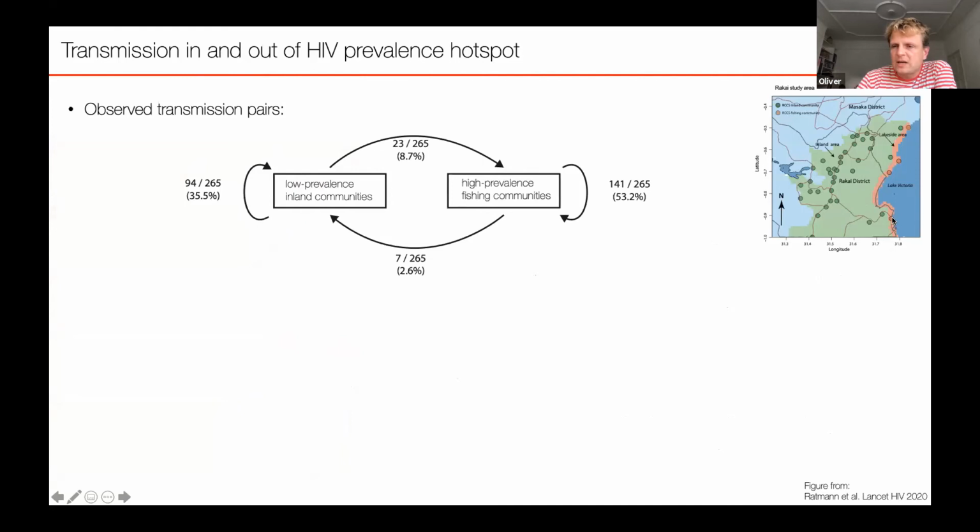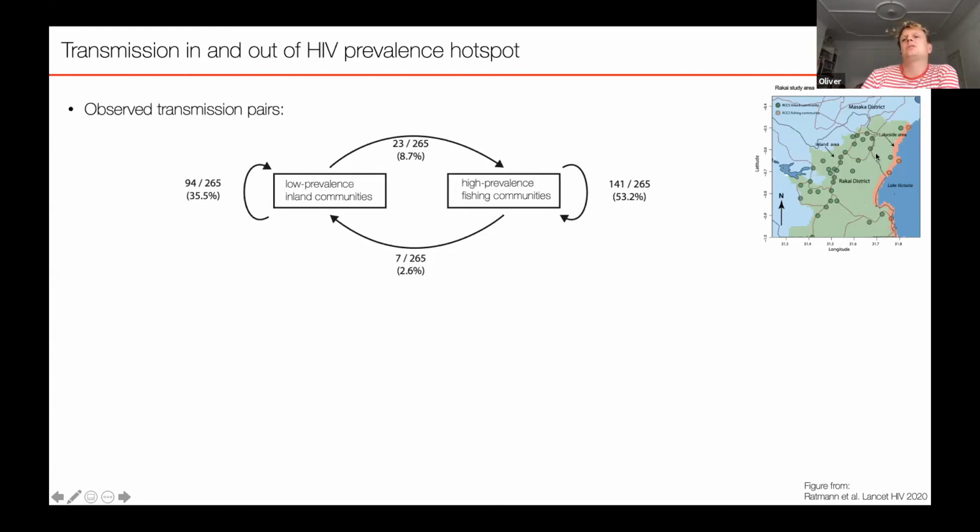We had here an area which is the lakeside area on Lake Victoria, and we had 4 fishing communities where the survey was undertaken, and from infected participants in that survey, samples were obtained. So we were looking at these 4 fishing sites, and we had individuals sampled from these locations.